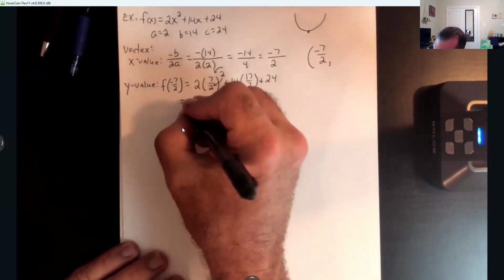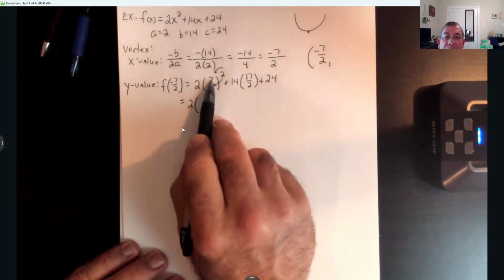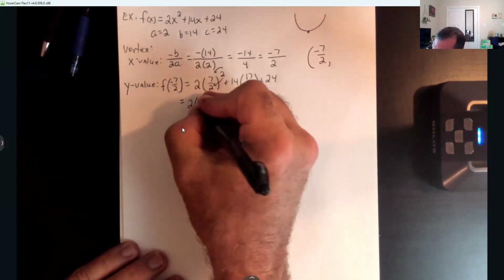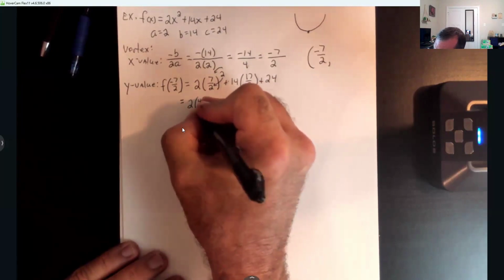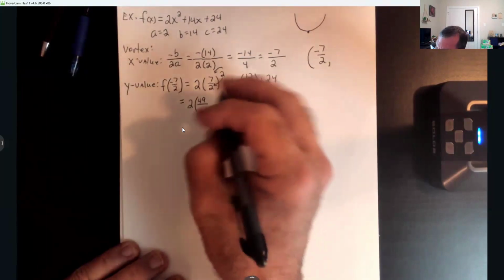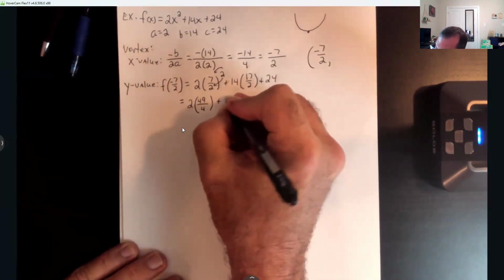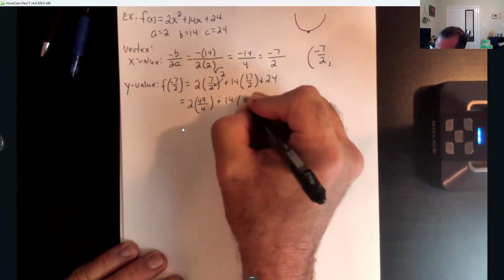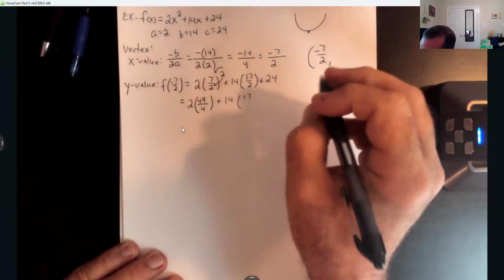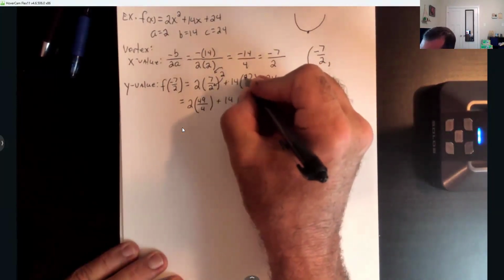So I'm going to bring down my first 2. So on top, I would have 7 squared, which is 49, over my bottom squared, which would be 2 times 2 is 4. Now, y'all, at the moment, that's all I'm doing is just squaring my top. Whoops, y'all, I wrote that in wrong. That's the 7/2 there. My bad.